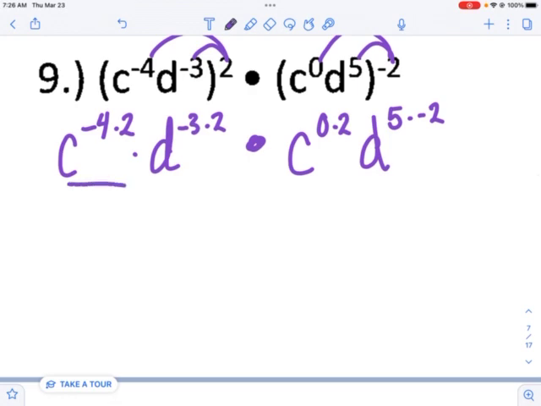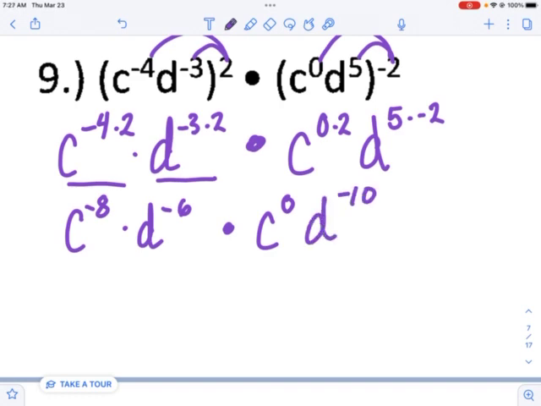When I simplify, I have c to the negative 8 times d to the negative 6 times c to the 0 times d to the negative 10th.